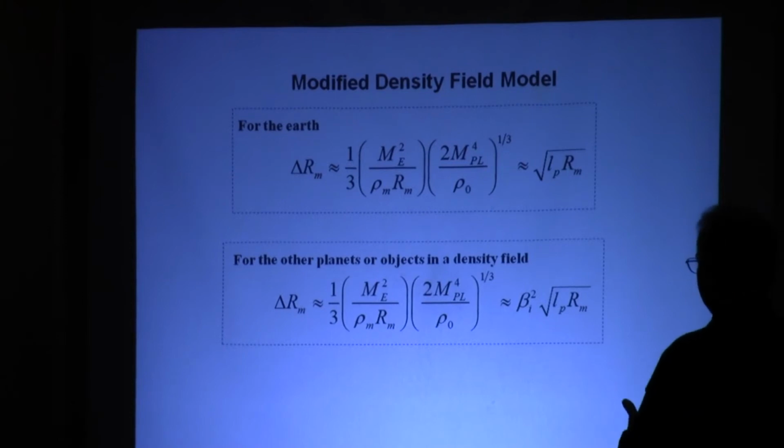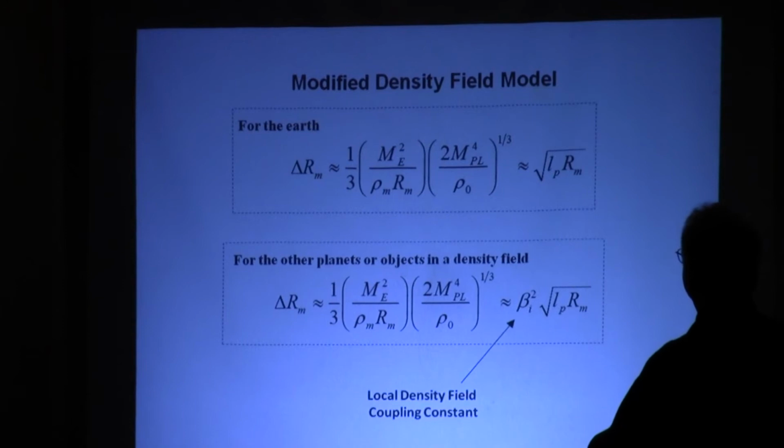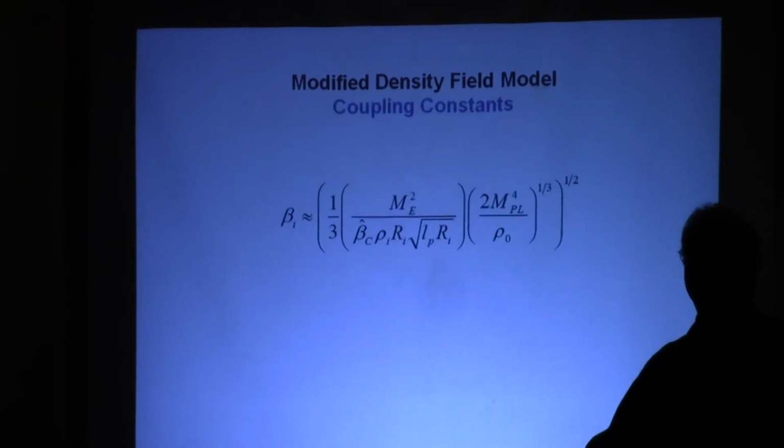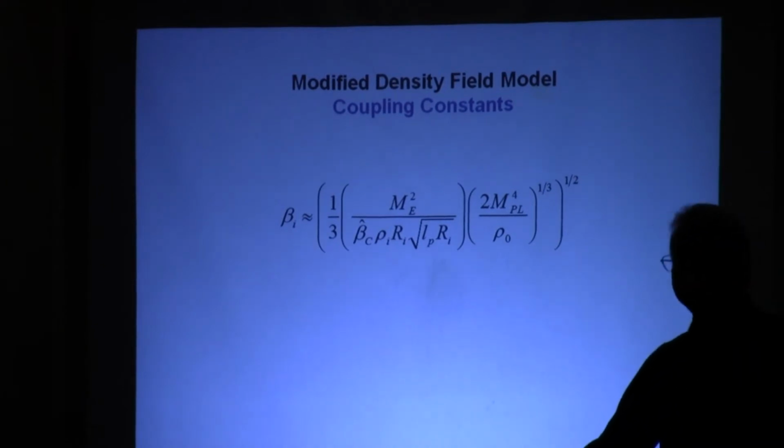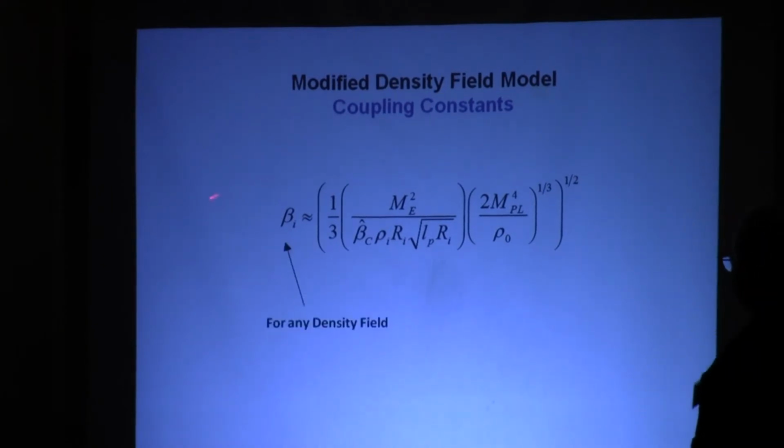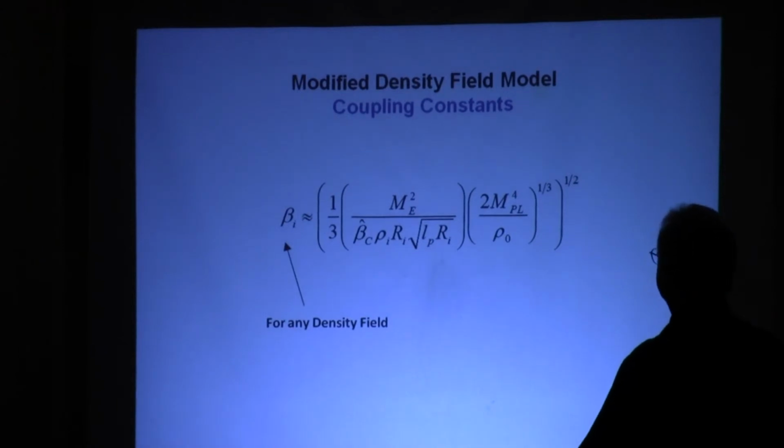Because some objects have an atmosphere, and even if they do, it's different than the Earth's. So this is basically a coupling to the environment that you're setting. And I can define these coupling constants by this equation. And for any density field, I can tell you what those coupling constants are.